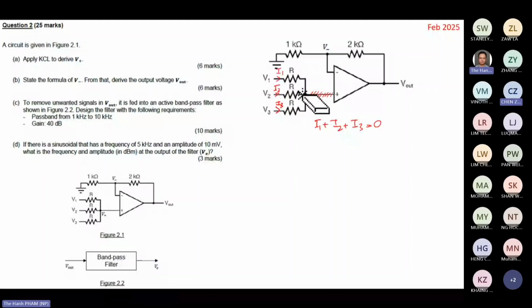Sir, where is your screen? Your screen is question 1. I mean my screen is just frozen? I think there's a lag. It's okay now.